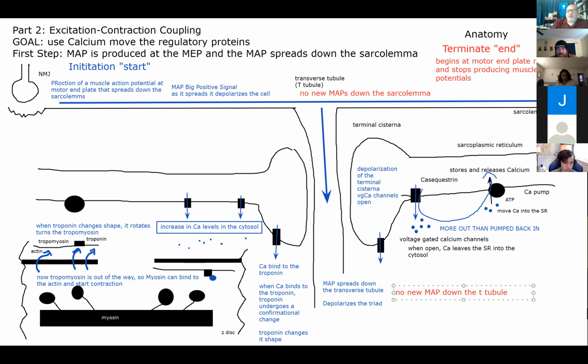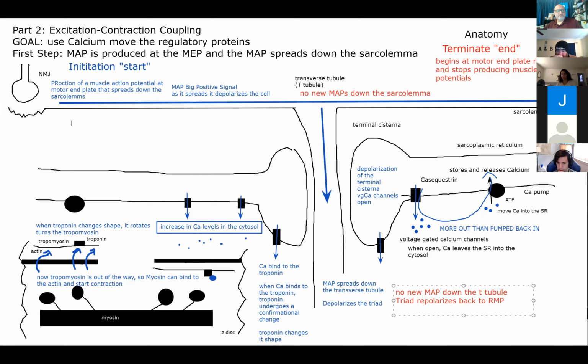And if there's no more muscle action potential down the T-tubule, what happens to our triad? Repolarizes. Excellent. Triad repolarizes. All right, back to the resting membrane potential. What's, again, the immediate effect of the repolarization?